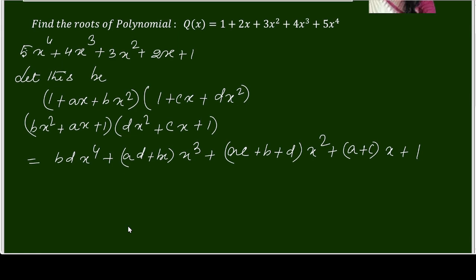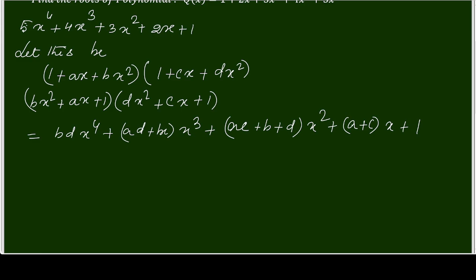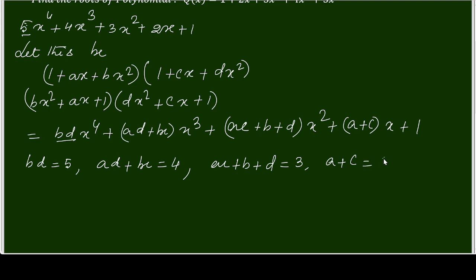Now let us compare the coefficients. First is bd equals 5. Second is ad plus bc equals 4. Then ac plus b plus d equals 3. a plus c equals 2.